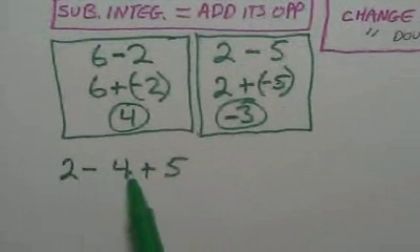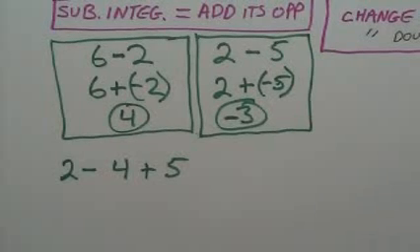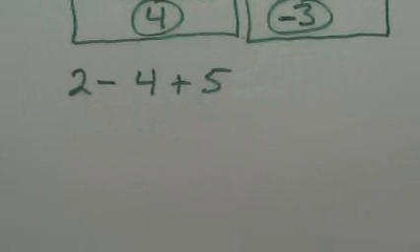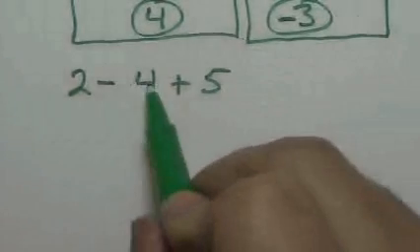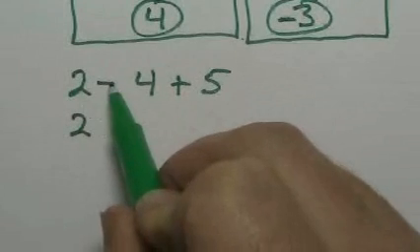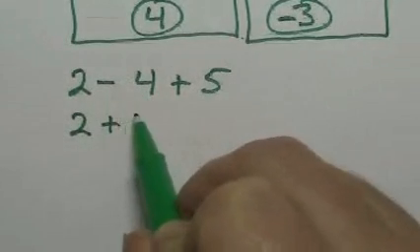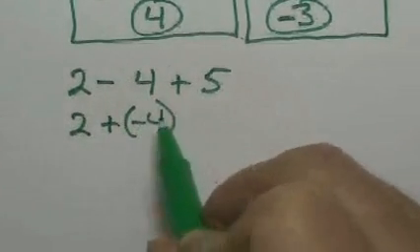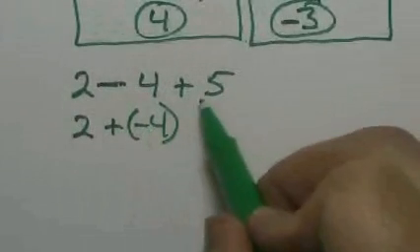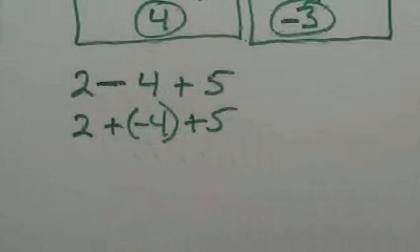Here's the next one, 2 minus 4 plus 5. Okay, subtracting is the same thing as adding its opposite. So this is the same thing as saying 2 plus negative 4. Subtracting is the same thing as adding its opposite. And this is plus 5.